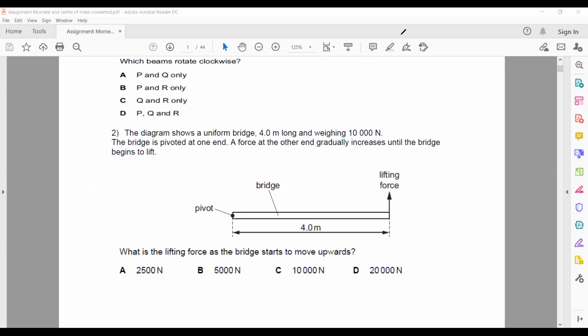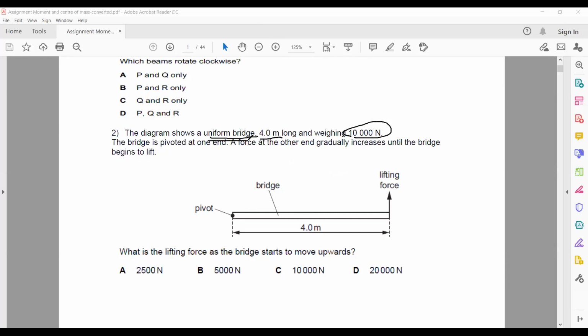Whenever you're solving a question related to a moment, I will repeat again, you have to assume that the object is balanced, and the clockwise and anti-clockwise moments are the same. So in the question, the diagram shows a uniform bridge of length 4 meters, and the weight is 10,000. Where will the weight act?